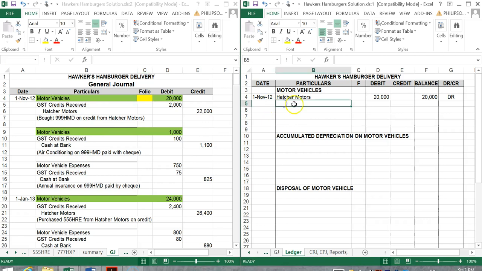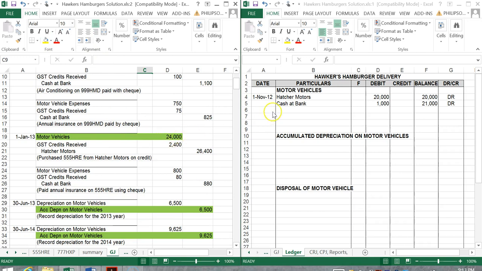Okay, and then same date, $1,000 debit to the motor vehicle account with particulars of cash at bank. So cash at bank. And we're adding a debit to a debit, so equals 20,000 plus 1,000. Debit. Done.